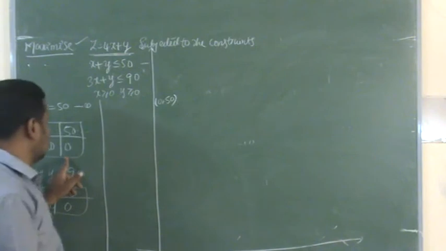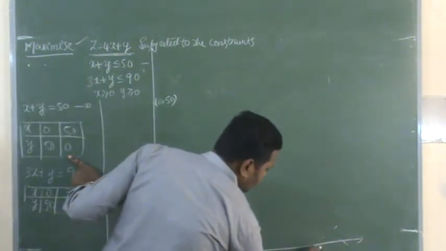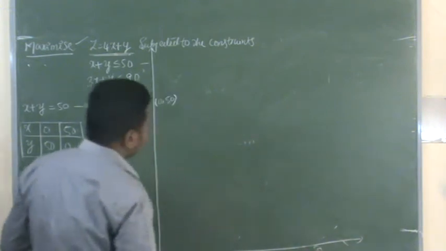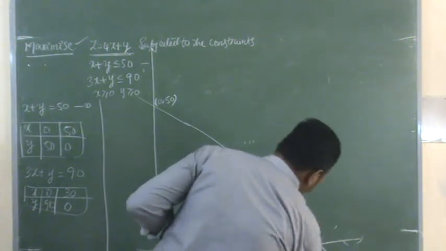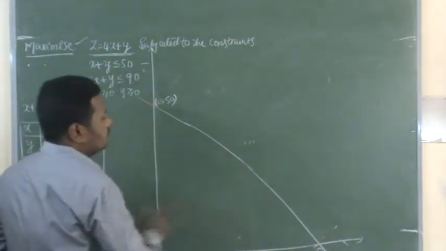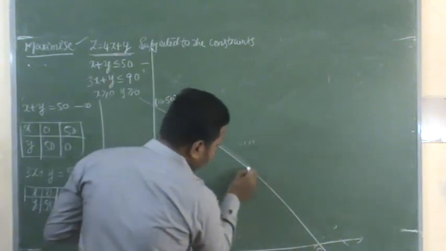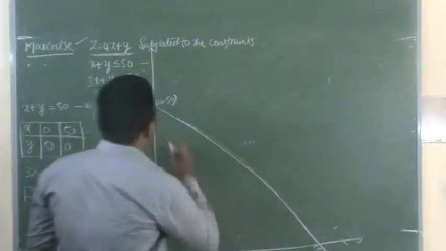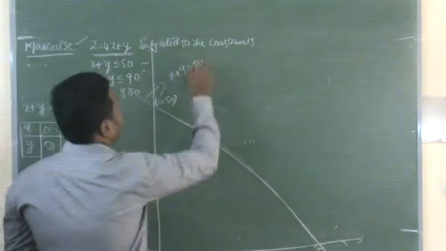And y equals 0, x equals 50, the point 50 comma 0. This straight line is the equation x plus y equals 50.